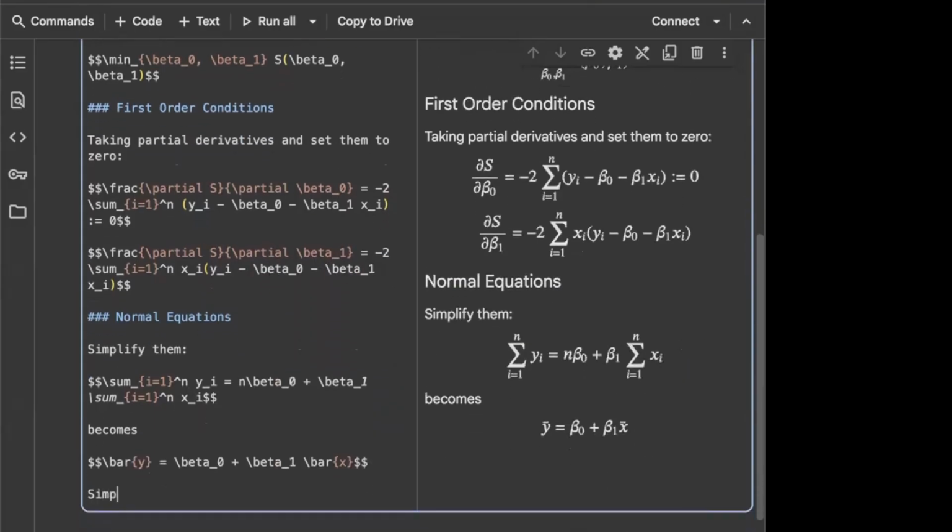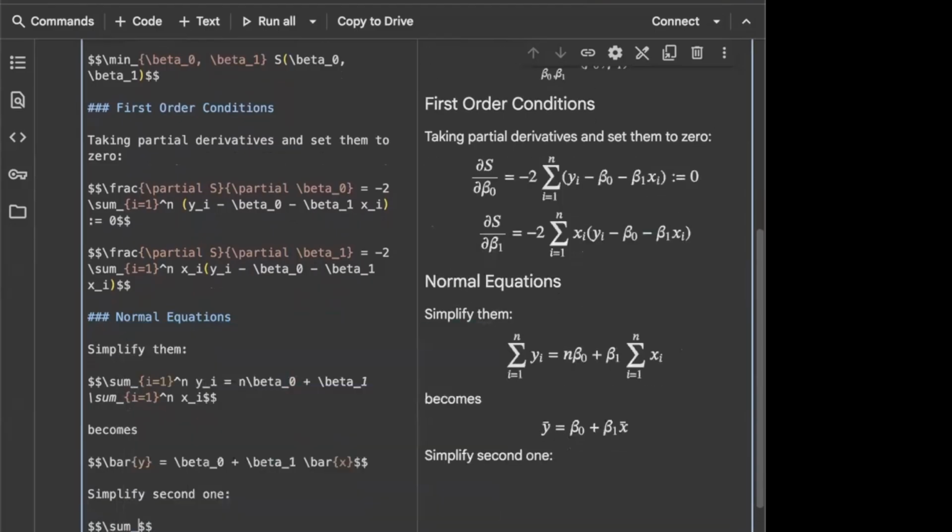So that's our first equation. And then now we can simplify a second one. This will give us something that looks like this because of the chain rule. So obviously you have to write this out. Sum i from 1 to n, xi yi. And then now the right-hand side, the beta 0 comes out because it's a constant. And then the xi obviously goes with the sum.